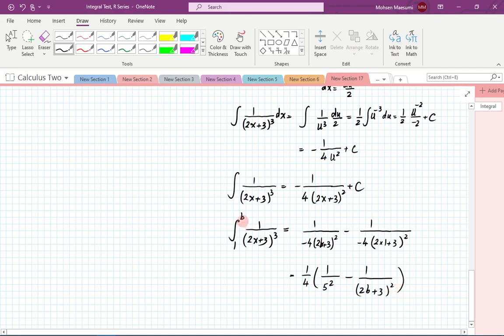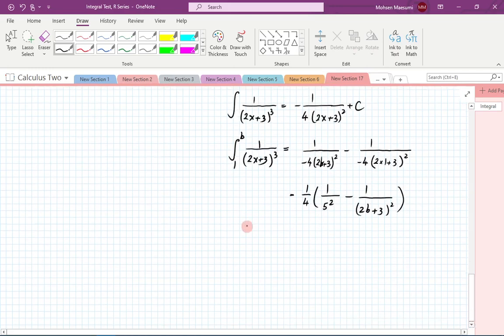Now what happens when b goes to infinity? When b goes to infinity, this fraction goes to 0. We are left with just this term. We can use it to approximate the sum, but right now all that we care about is the conclusion: the integral from 1 to infinity of 1 over (2x plus 3) cubed is a convergent integral, because it actually converges to 1 over 5 squared, so that's actually 1 over 100.